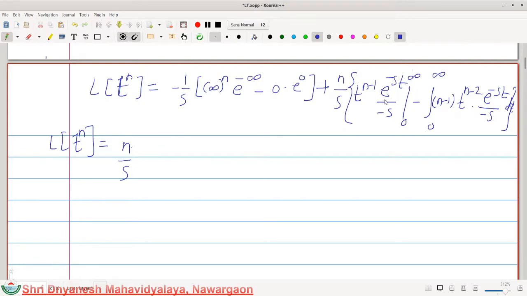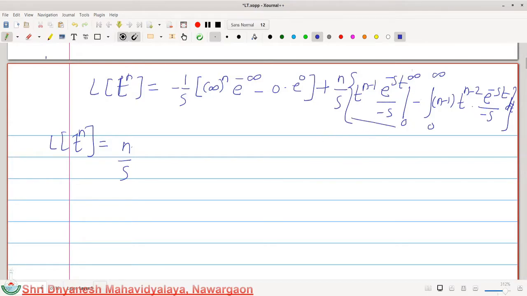Solve this. Here again at upper limit this exponential function will tend to 0. So first term after applying the limits will be 0, and at lower limit, that is 0, this t to the power n minus 1 will become 0. So 0 minus 0 again 0. So this part becomes 0.